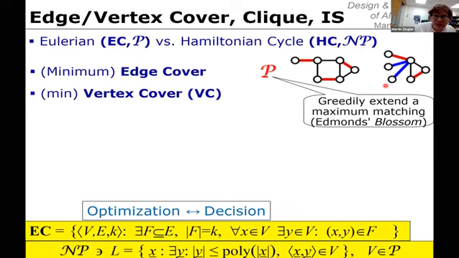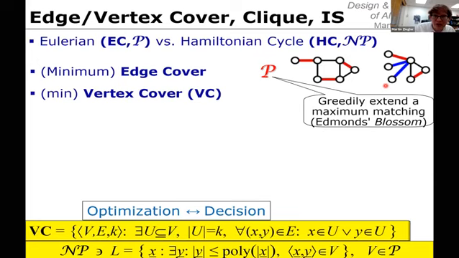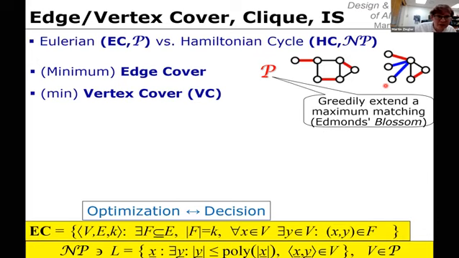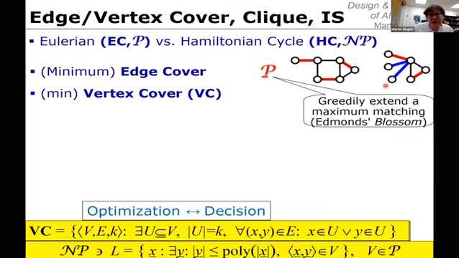For the vertex cover problem, we don't know. For the vertex cover problem, we can see for similar reasons that it belongs to NP. On the bottom of the slide, you now see the formalization of the edge cover problem replaced by the formalization of the vertex cover problem.